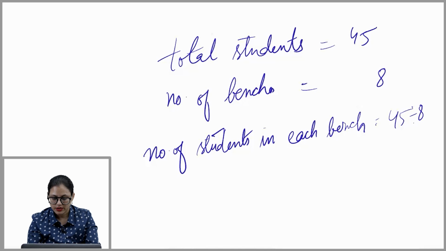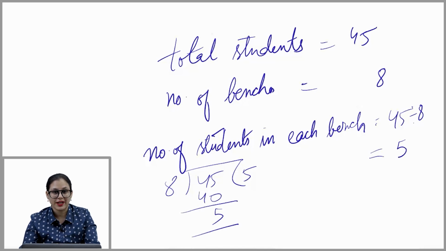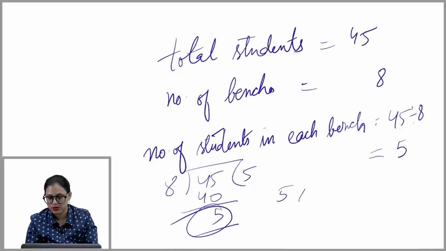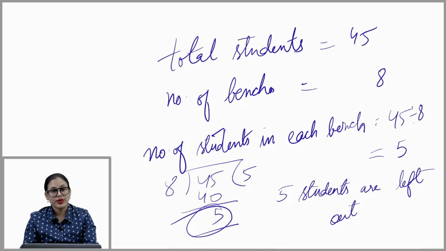Let's divide it. 8 5s are 40 and remainder 5. So number of students in each bench is 5 and number of students left out is 5. Okay students, now you will do the remaining questions.